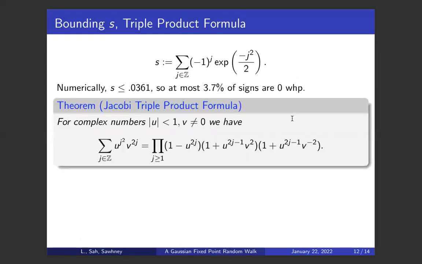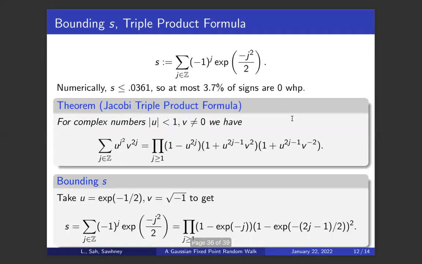An alternate way to bound S, or to compute the value of S, can be via the Jacobi triple product formula. This very beautiful formula says that for complex numbers U and V, the sum over all J of U to the J squared, V to the 2J, is given by some triple product.